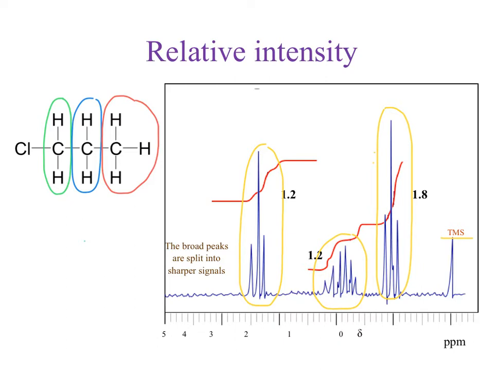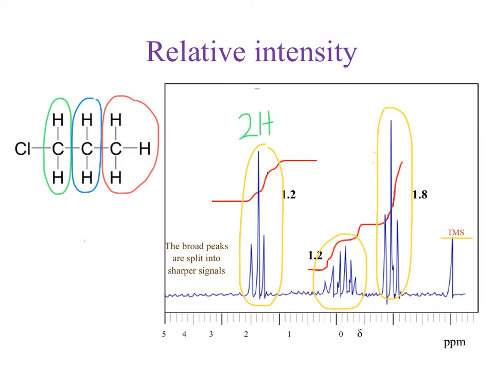Now I can see that we've got a chlorine here. Chlorine's clearly really electronegative, so it's going to de-shield these hydrogens, and that means they will be shifted downfield, i.e. they will have a peak that has the greatest chemical shift. So the peak here with the greatest chemical shift is caused by these 2 green hydrogens.